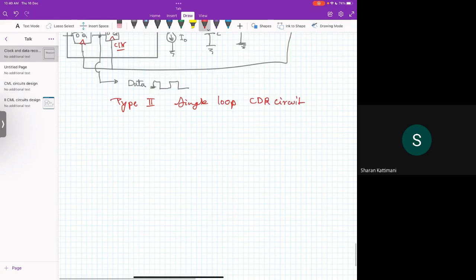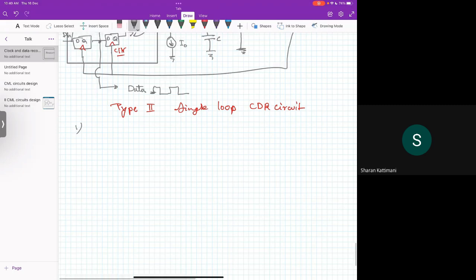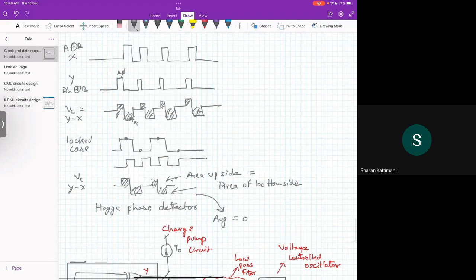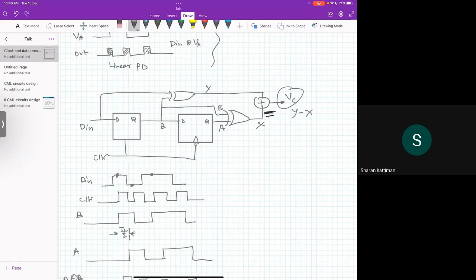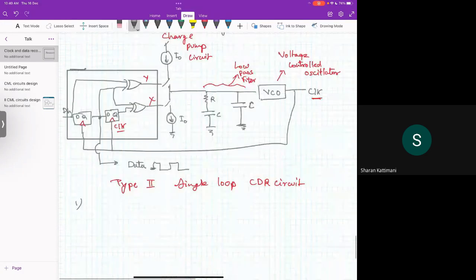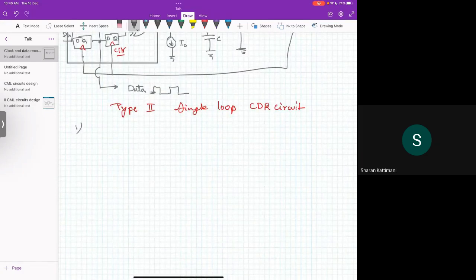Okay, but what can be the problem here? So one problem is, because here we can see that it is very much dependent on the flip flop. But we know that flip flops may have a delay, so finite delays in flip flops will affect the overall performance.